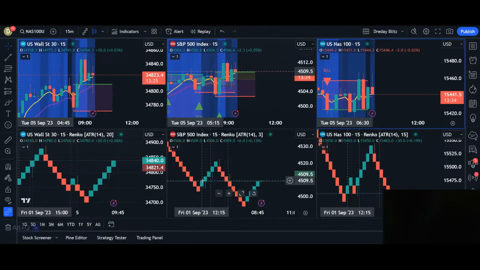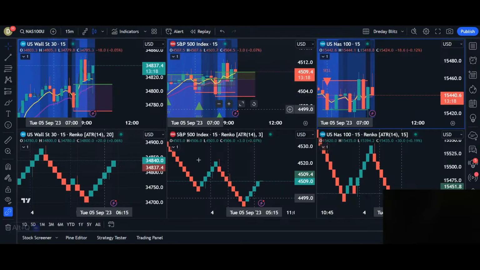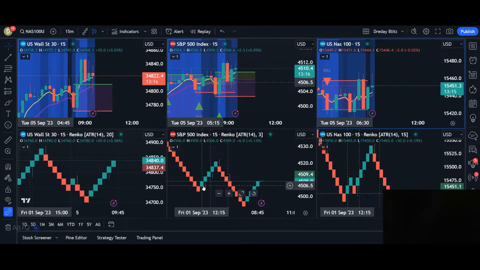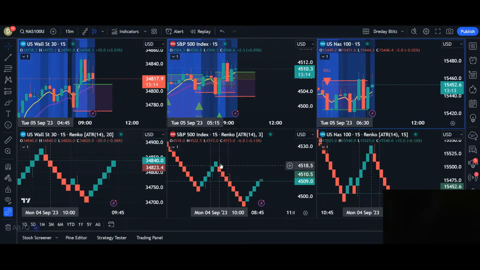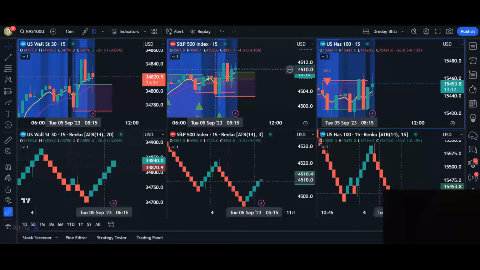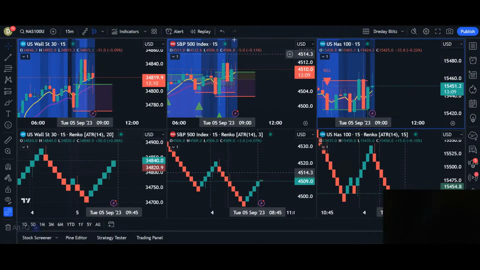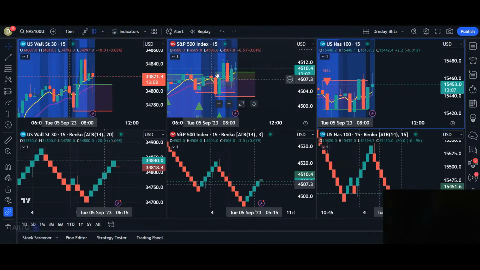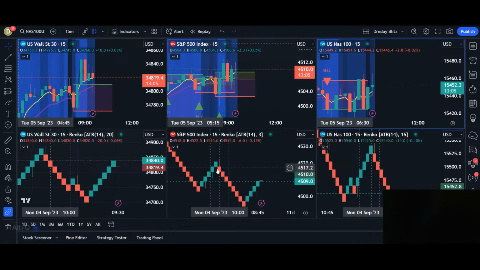If I enter the trade right here on the S&P 500 signal, my exit will be right here. It was not a big move, but that would be my exit.